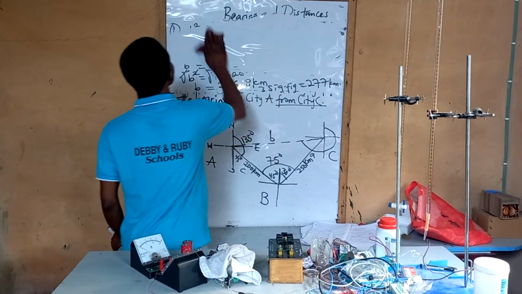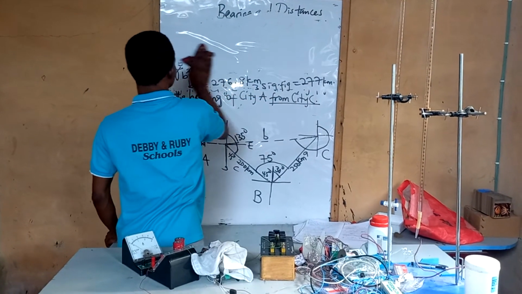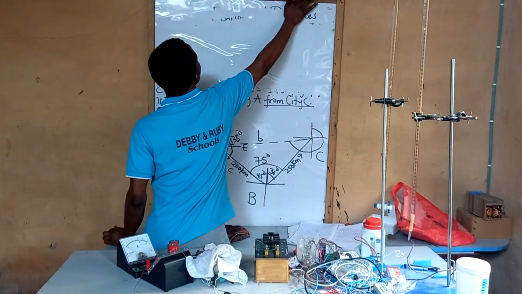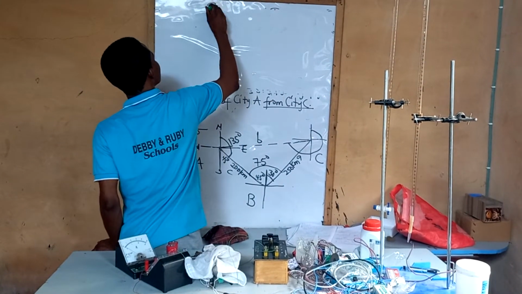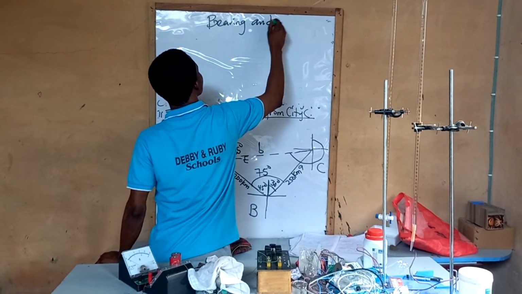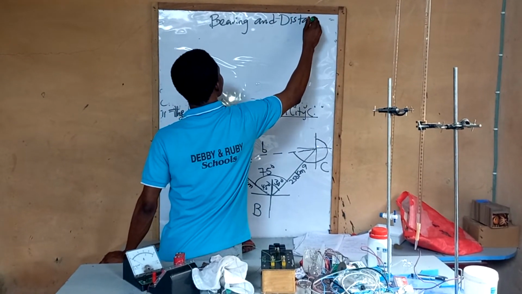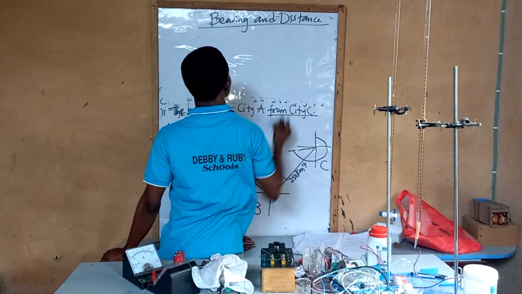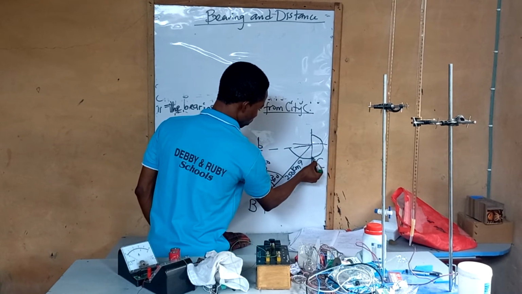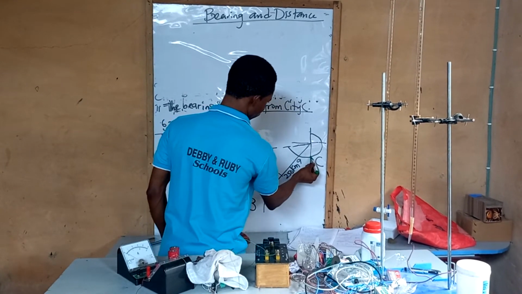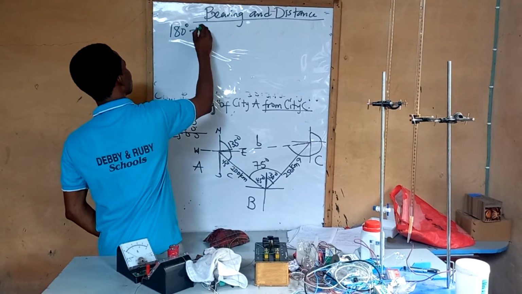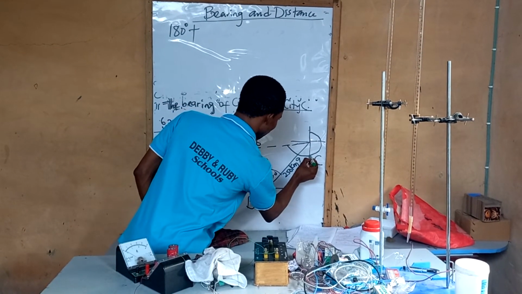Very simple. Now, how will I get this? I know that from here to here is 180. I know this, plus, can I get here to here?